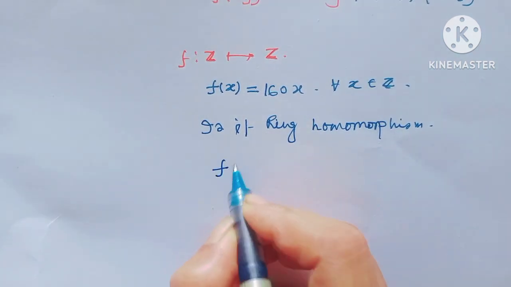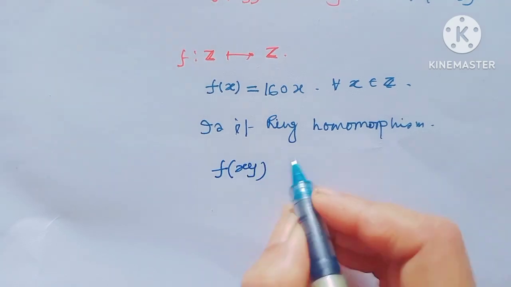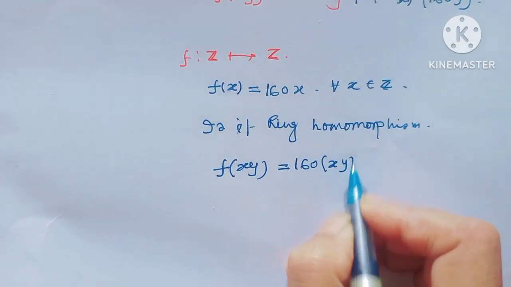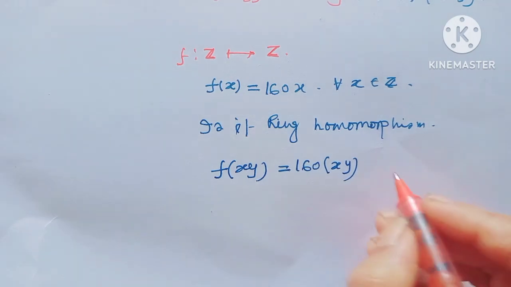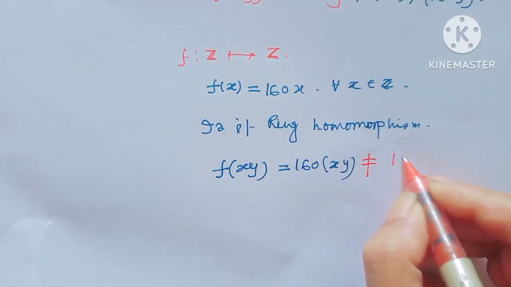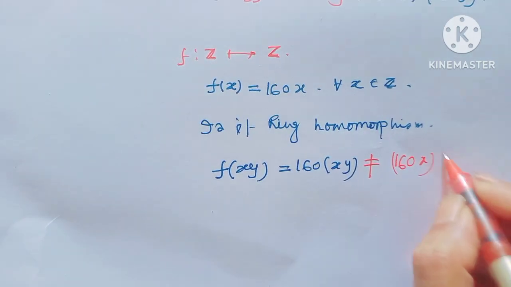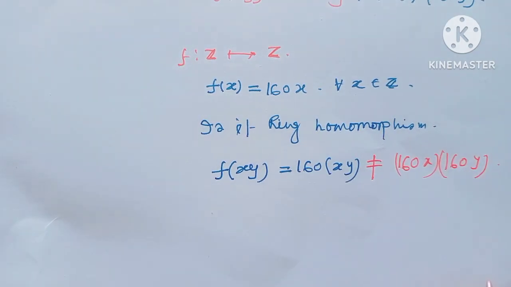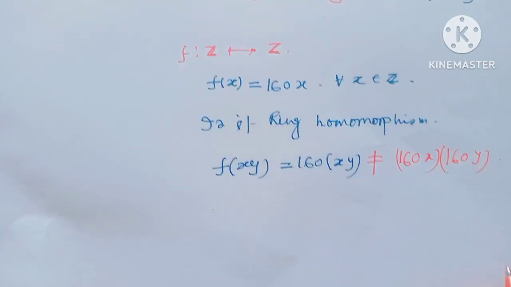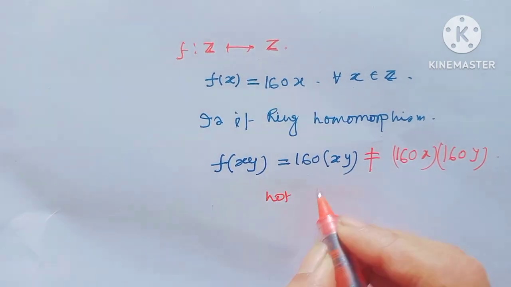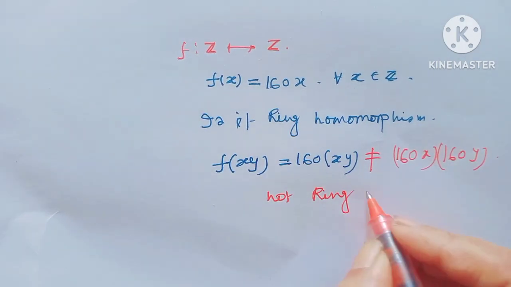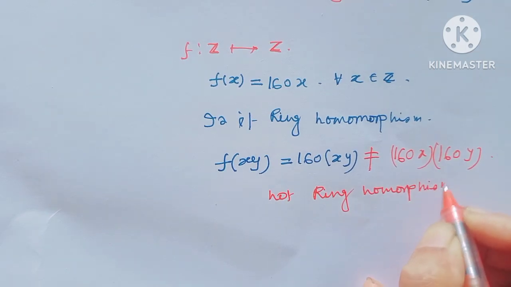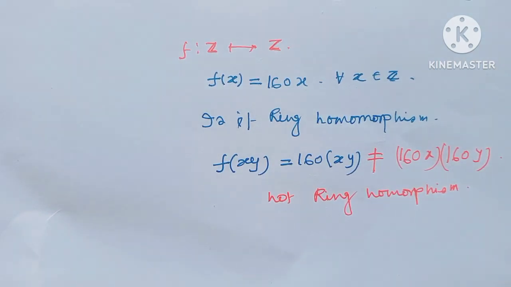Because notice f of xy equals 160xy, which is not equal to 160x times 160y. So this is not a ring homomorphism. I hope all my viewers have understood clearly.